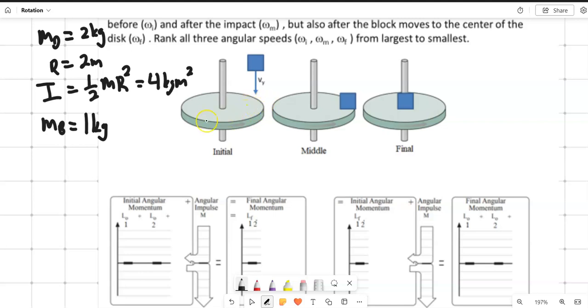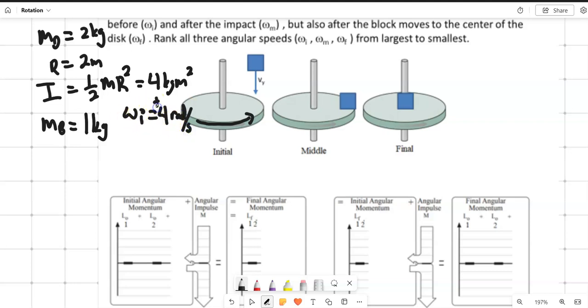And when that happens, this wheel is going to be spinning, and let's say the initial angular velocity is, let's call it 4 radians per second.